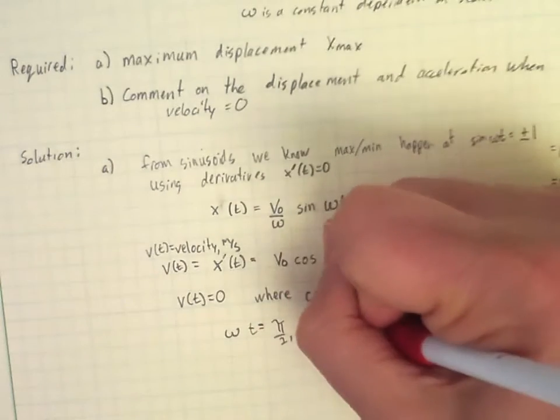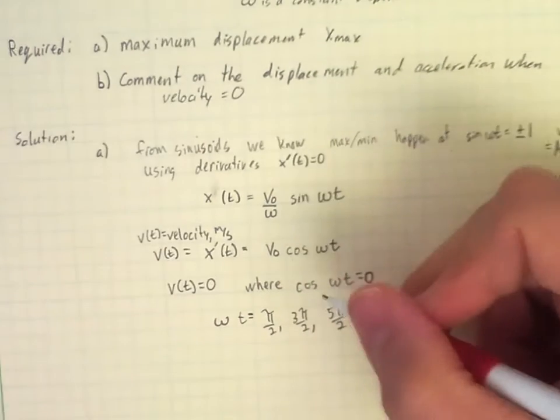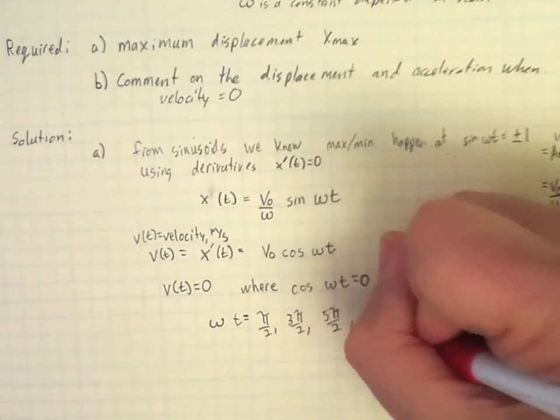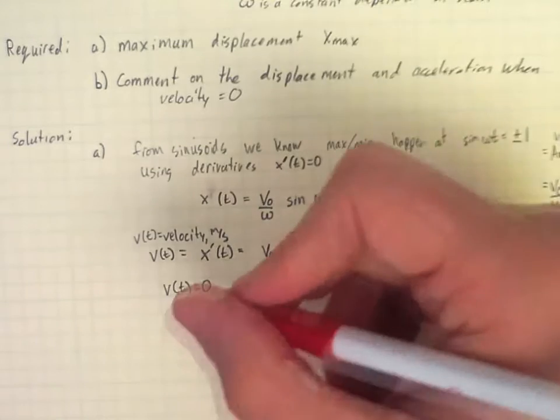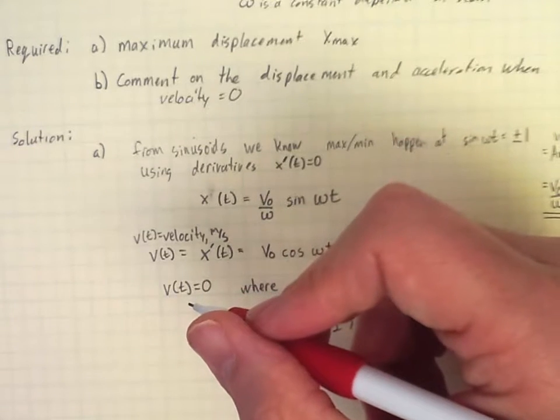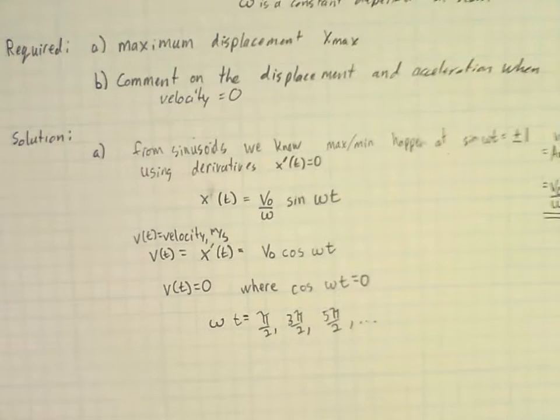It's going to happen again at 5 pi over 2 if we went more than one rotation around the circle, and so on. So it's going to happen at the times where omega t is that.